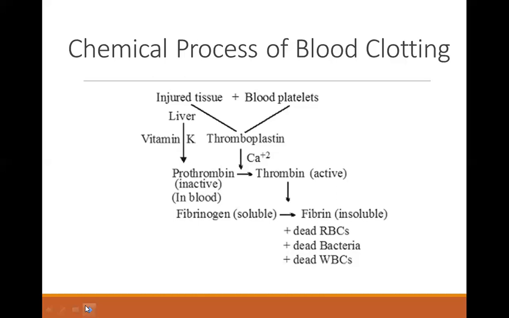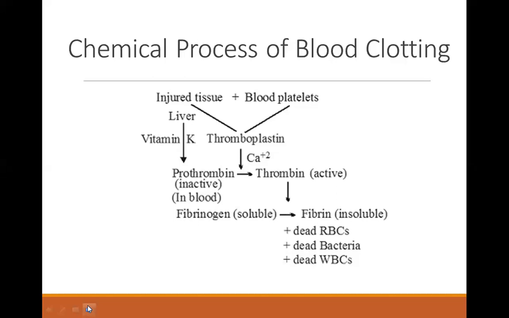So what is the action of thrombin? You can see here, according to the picture, thrombin can convert fibrinogen, which is the soluble one. That means fibrinogen is present in our plasma. Fibrinogen will be converted into fibrin, which is the insoluble form, and adheres to the injured place together with dead red blood cells, dead bacteria, and dead WBCs.